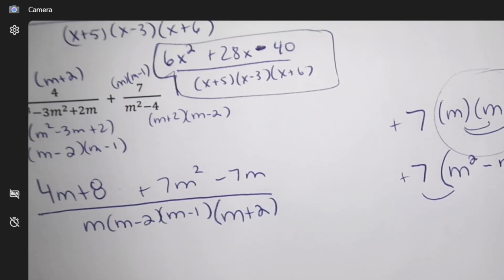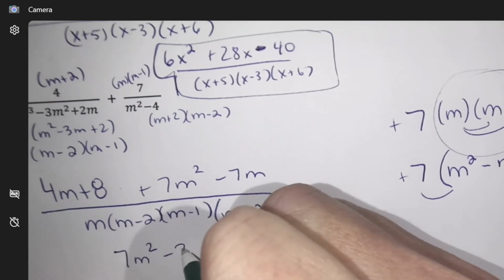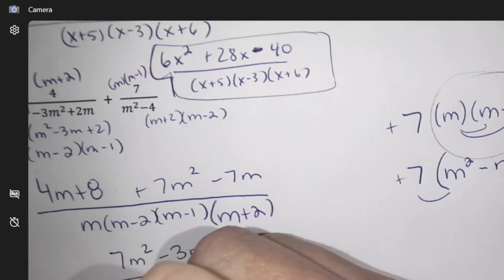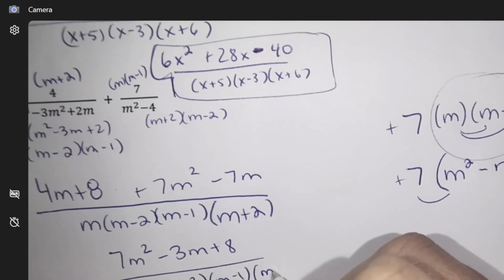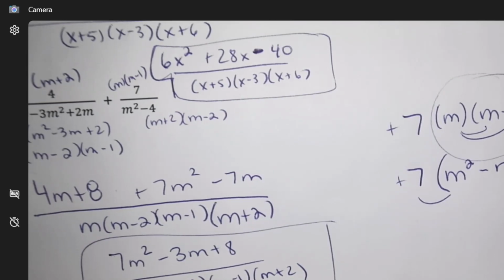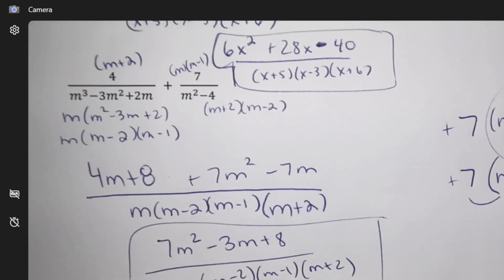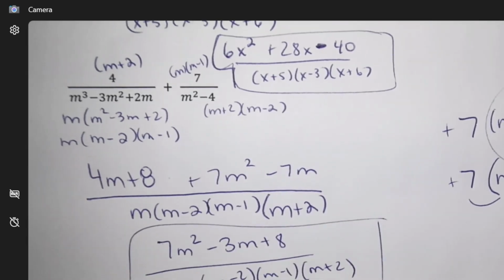Do all the multiplying with those, finalize it, then when you're done that, take it to the next. Okay, and again, on my last step there, I just collected, there wasn't much, there was just the 4m minus the 7m.